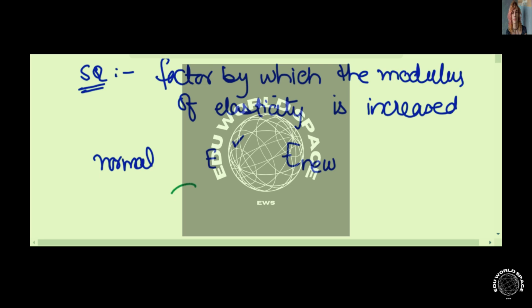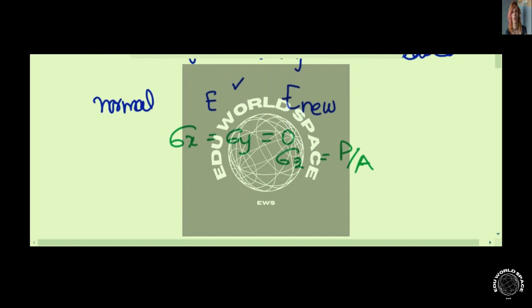So the stresses in the x direction and in the y direction would be equal to zero, and the stress in the z direction would be equal to the force divided by the area. Now in this case, the strain in the z direction, from Hooke's law, would be the stress in the z direction divided by the elasticity.